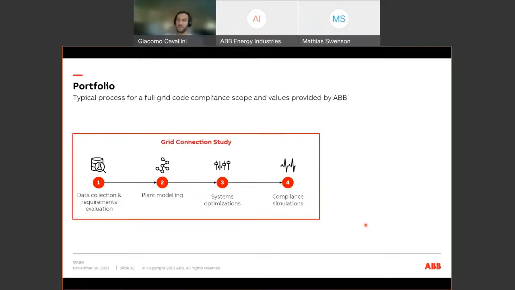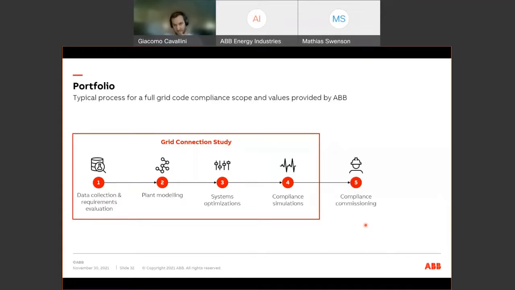And after this, we perform the simulations mentioned before that are needed as evidence to verify grid code compliance of a plant. And all this is then packed into a grid connection study that is delivered to our customer and that can be used for the network operator. So the customer, the power plant, can then send this report to the network operator to get an approval prior to connection and to proceed for site testing.